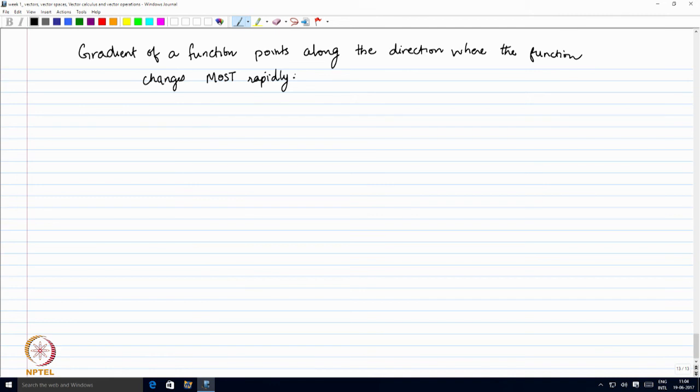And again, I will go back to our graphical picture, suppose you had x y, and I am showing this function f in this axis.